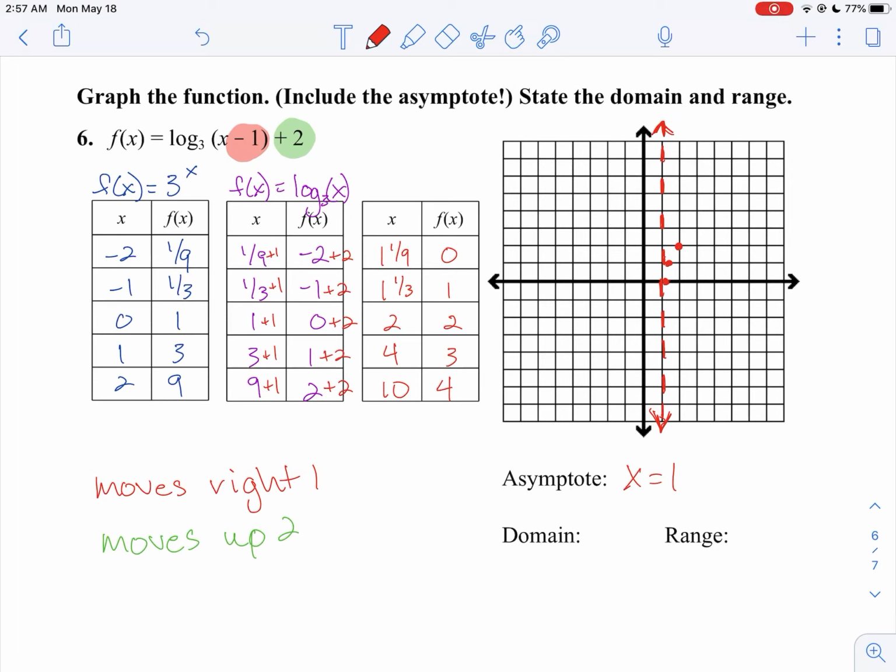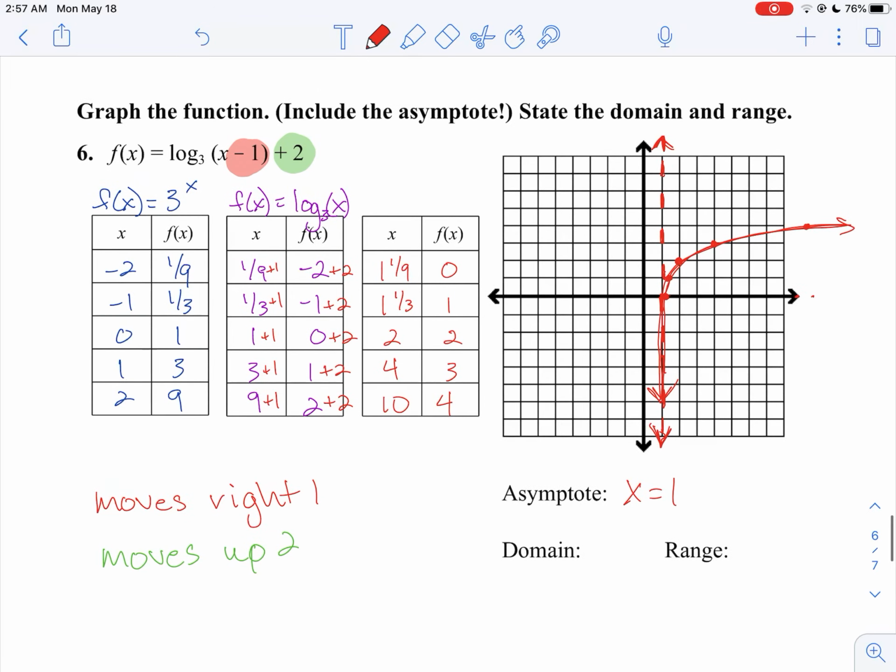And then out at 10, 4. And you can see how this graph, as it's going to the right, is going up slowly. And as it's going to the left, it is getting closer and closer to that asymptote, but it's not quite crossing it. Even if mine looks like it crossed it a little bit, just because it's hard to draw on the iPad.